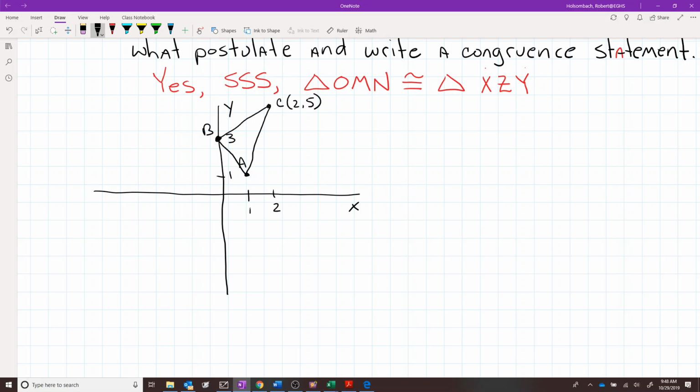Alright, there's your first triangle, ABC. Second triangle. Point E is at 1, negative 1. F is at 2, negative 5. And point G is at 4, negative 4. There's point G.